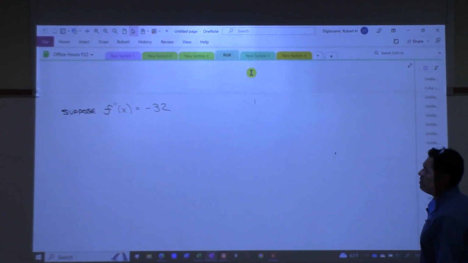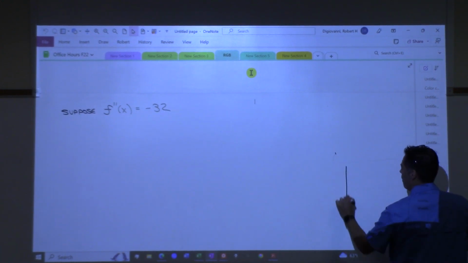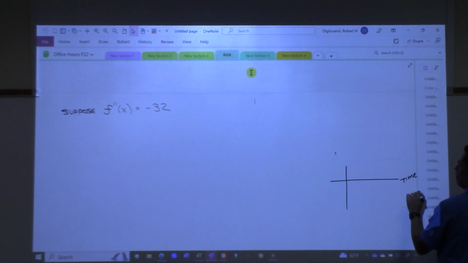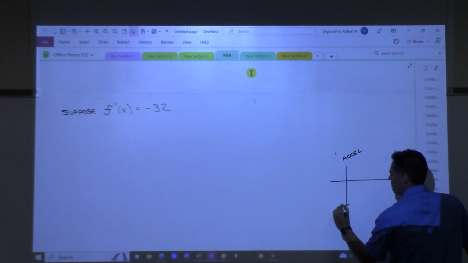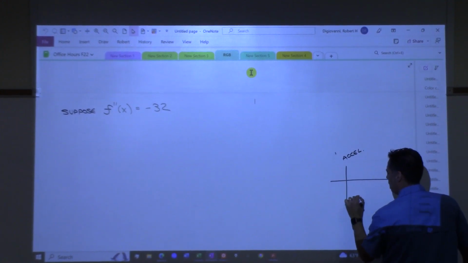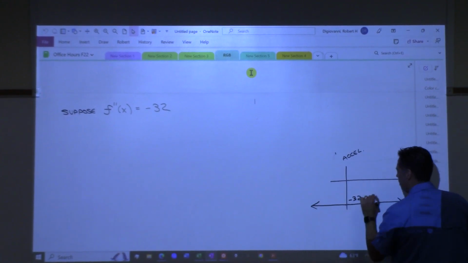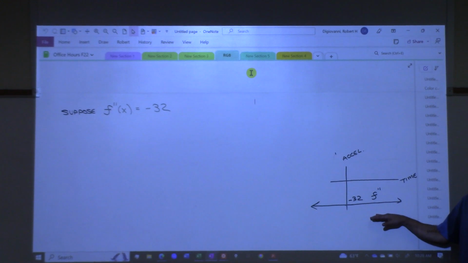So I'm going to try and draw this for you, just so you can see it. Over here, this is time, this is acceleration, and here's negative 32. And the function we have down here is just a constant negative 32. That's f double prime, right? With me?